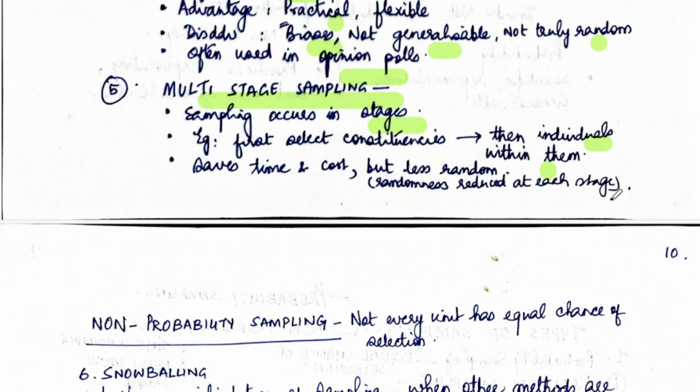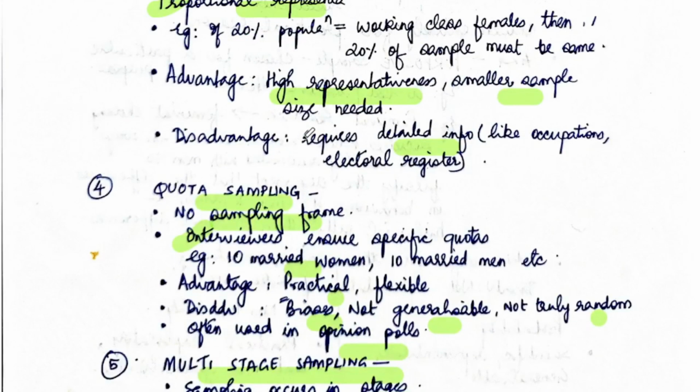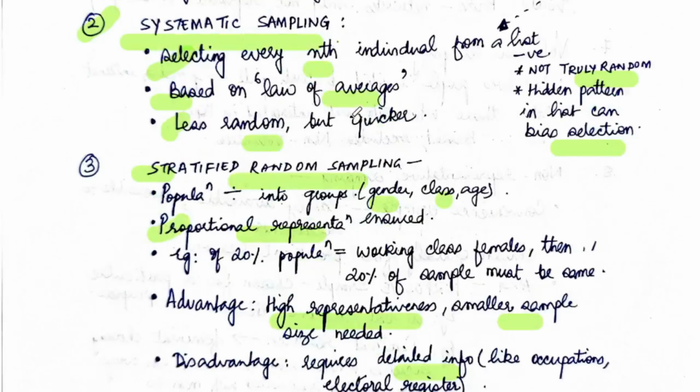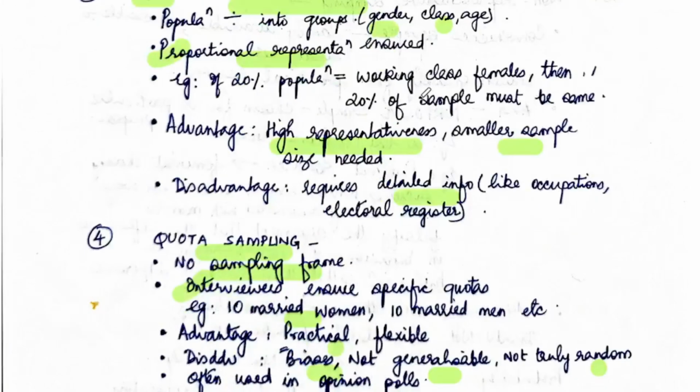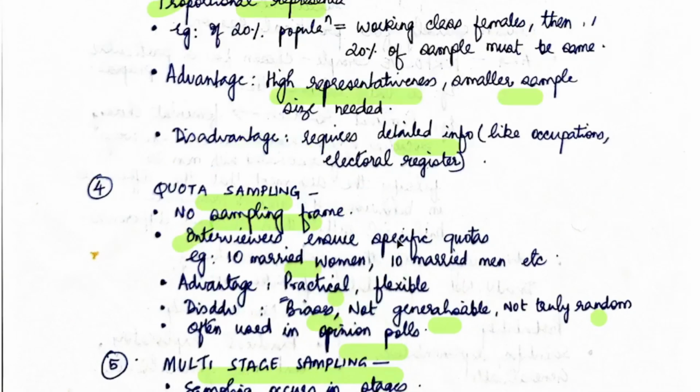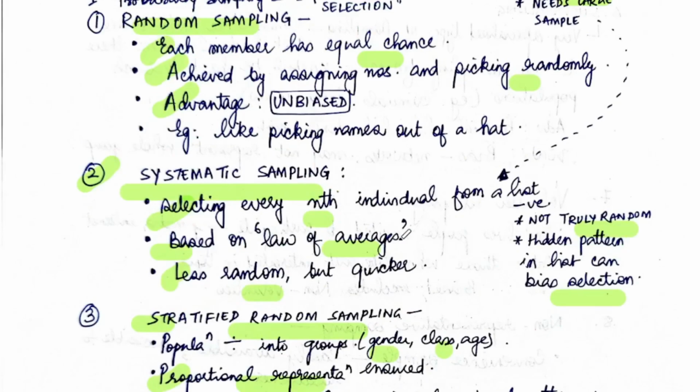The randomness decreases. So these are the 5 types of sampling in probability sampling: random sampling, systematic sampling, stratified random sampling, quota sampling, and multi-stage sampling. After this, we will see non-probability types of sampling.